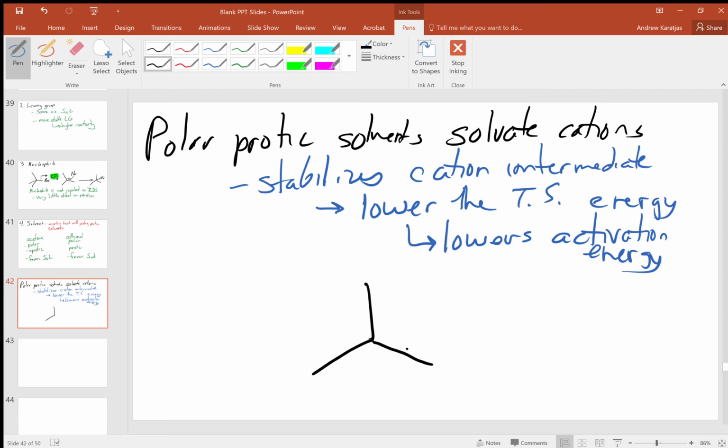But if this is our cation, and let's say the reaction was taking place in water, the lone pair on water can coordinate to this carbocation, which helps to stabilize it.